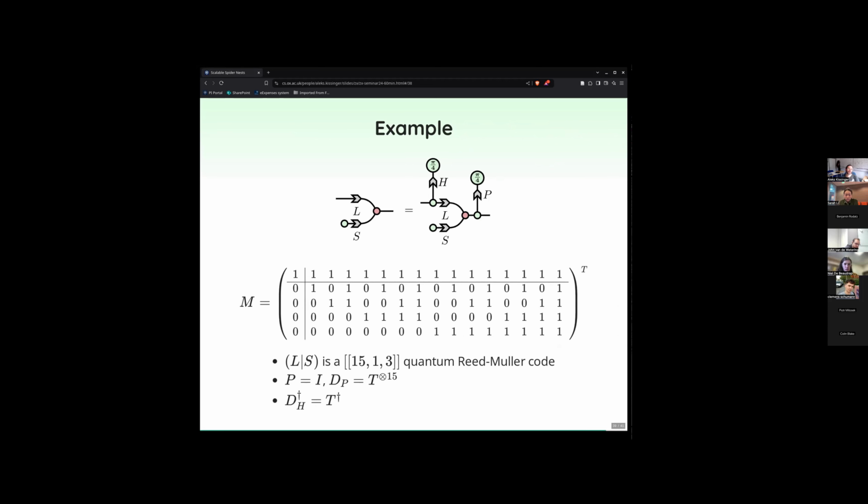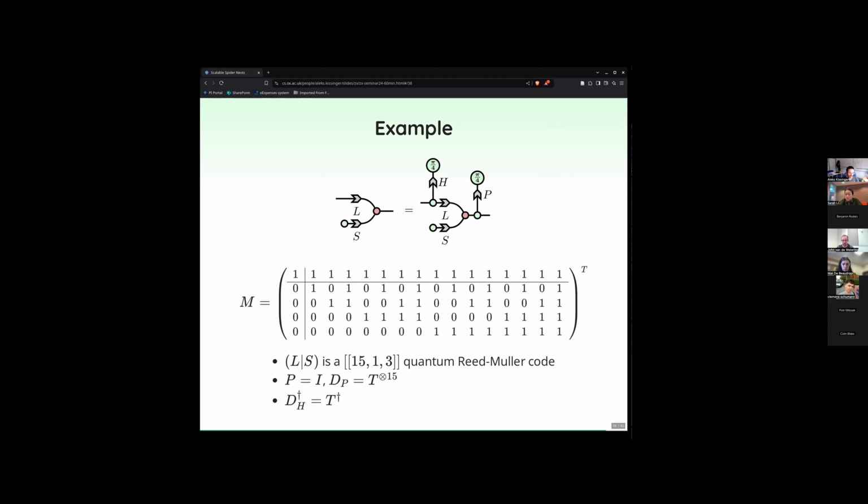Okay, so there's a few pretty well-known examples of this phenomenon in the literature. So one example is if I have the 15-1-3 quantum Reed-Muller code. This is one of the first examples used for magic state distillation. Then I can write it as one of these block matrices M, where the P part, so the physical part, is the identity matrix. Okay, so that means just do a T gate on every single physical qubit.